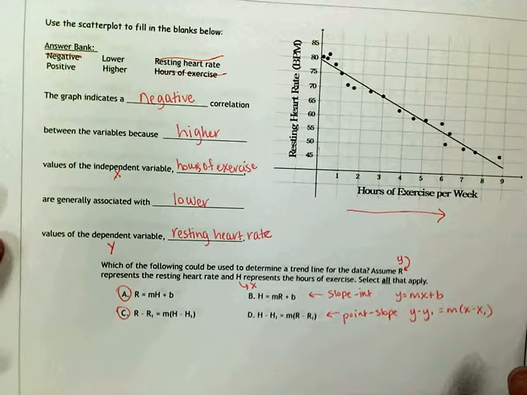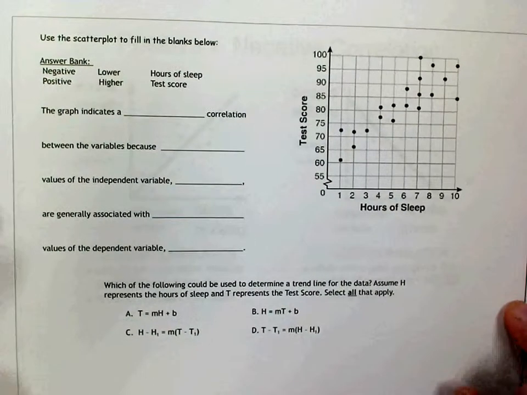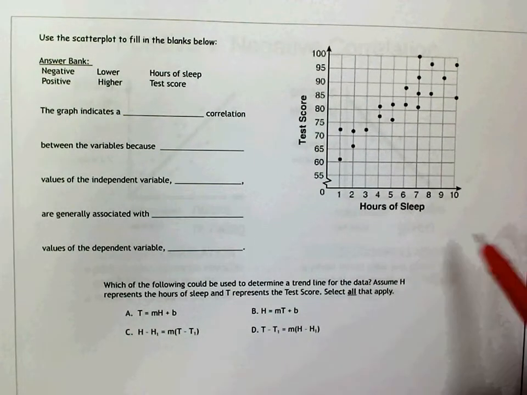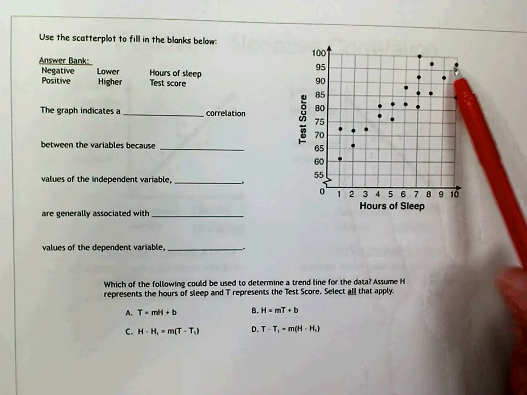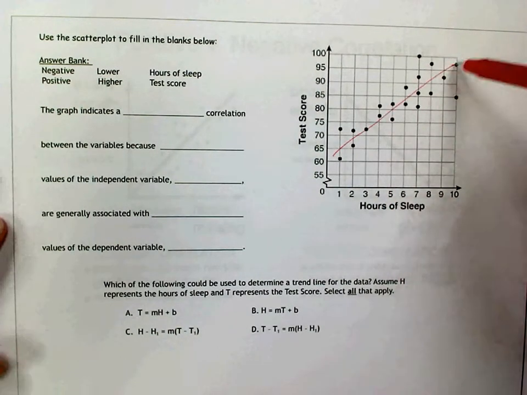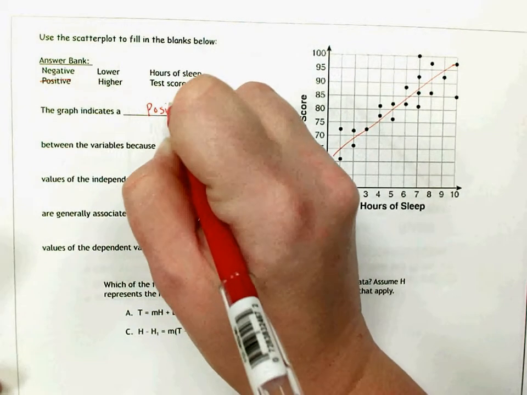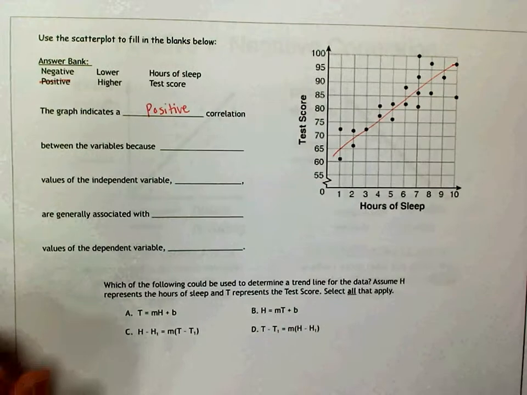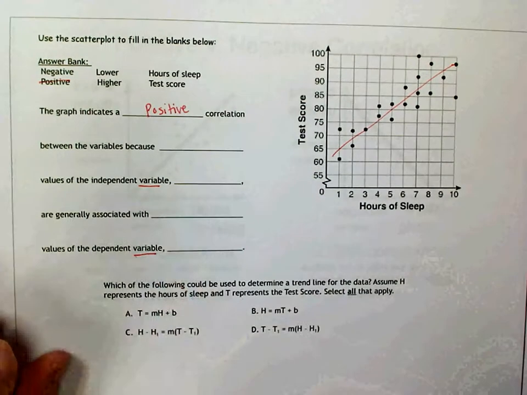All right, let's look at one more example together. So here is our trend of our dots going uphill or downhill. We can see they're going this direction, so that means we have a positive correlation. I'm going to go here to tell what my variables are. Independent is x.